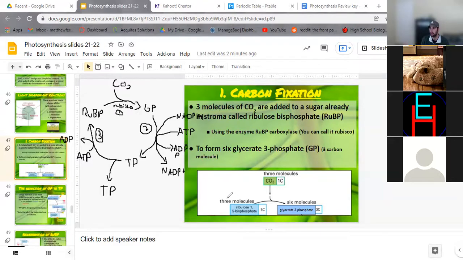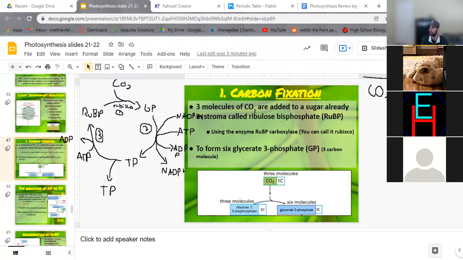So we need to start with making sure we know how many carbons we're working with at any given time. Over on the right side here, I'm going to create a cheat sheet. This cheat sheet is going to keep a running list of the molecules that we have and how many carbons they're made of. The first molecule that we see here is carbon dioxide, CO2.